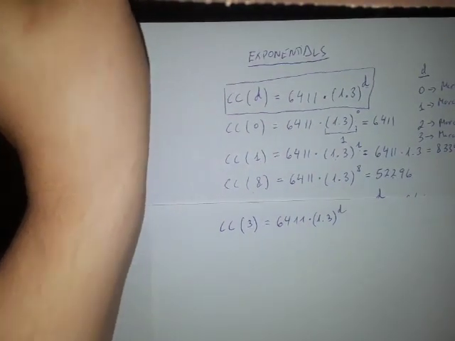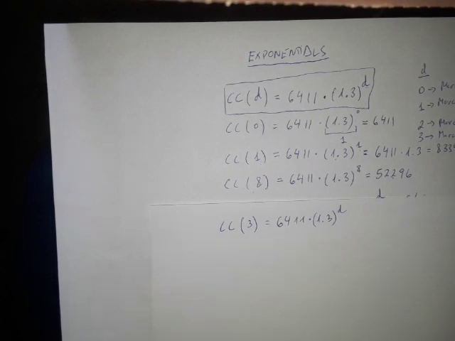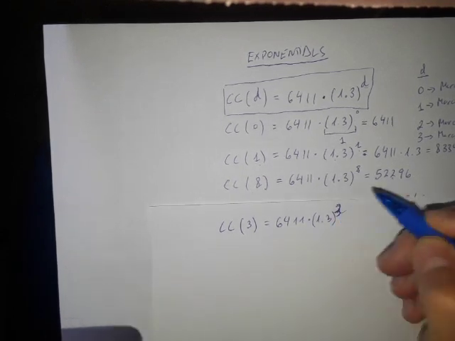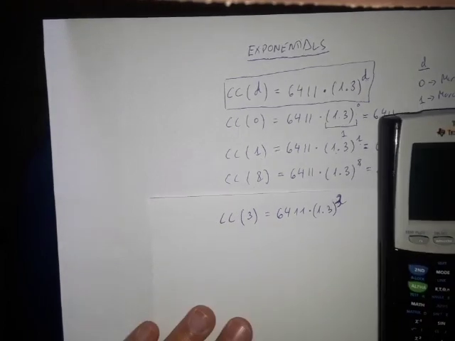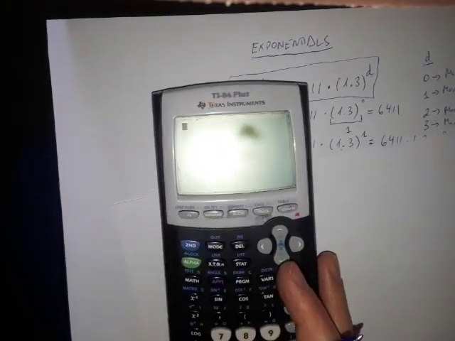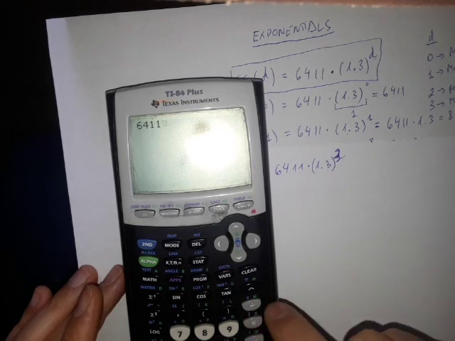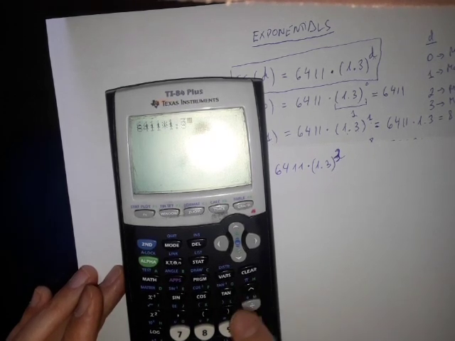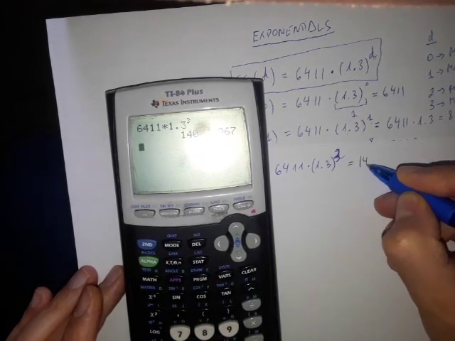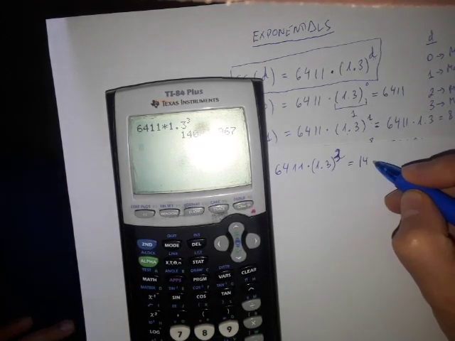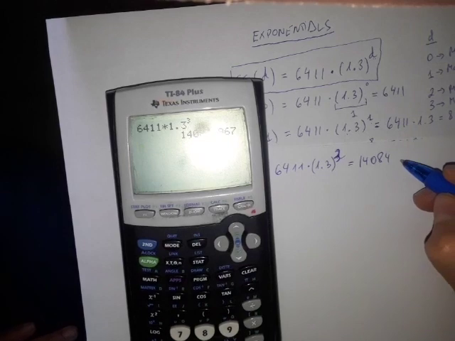And if we do this calculation with a calculator, 6,411 times 1.3 to the power of 3, that would be 14,084 cases. Okay, that's the total.